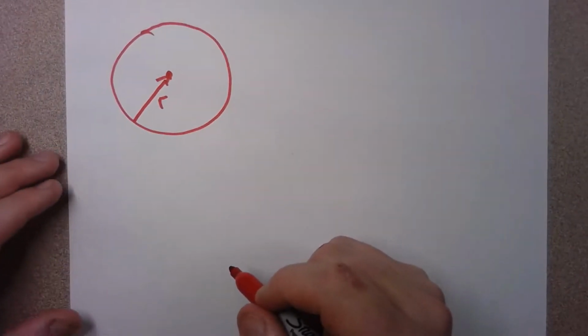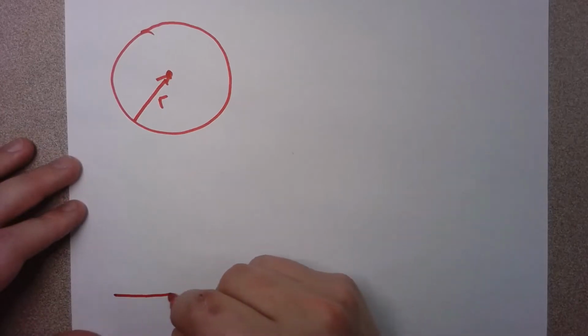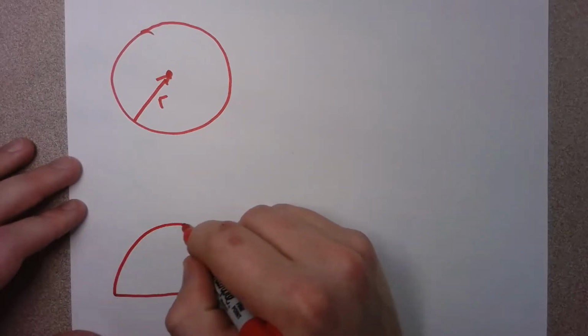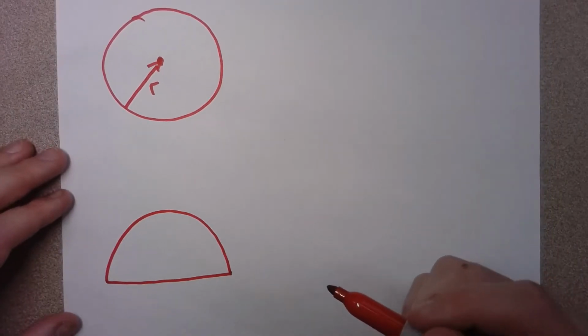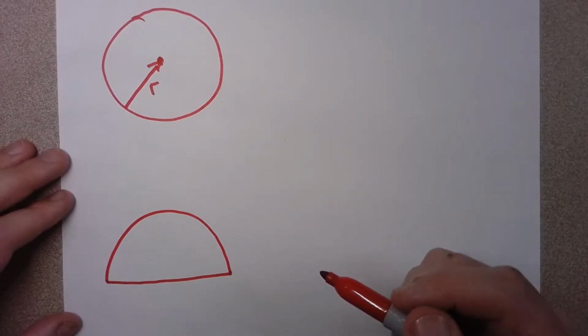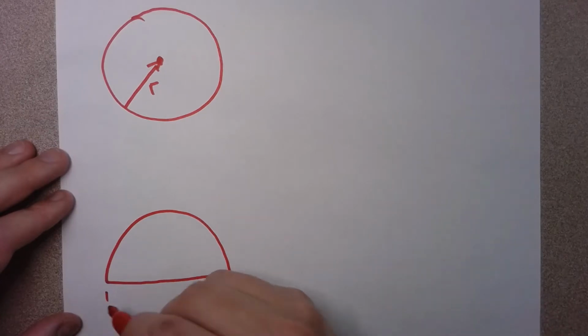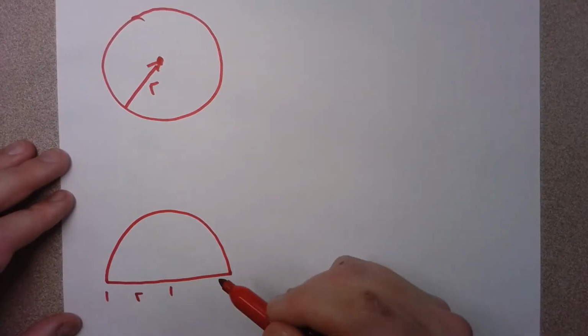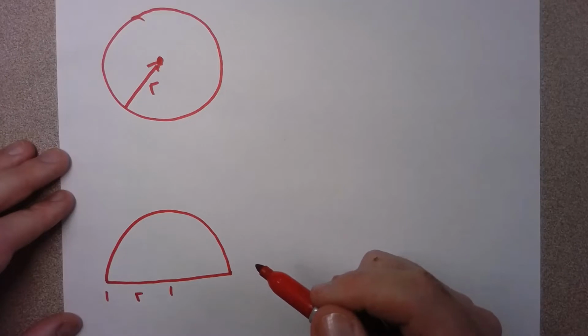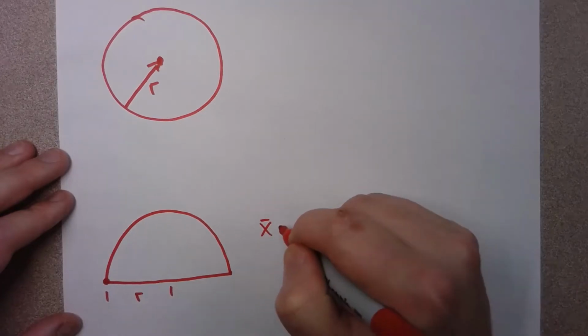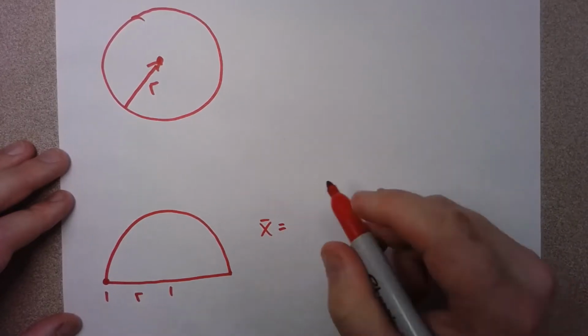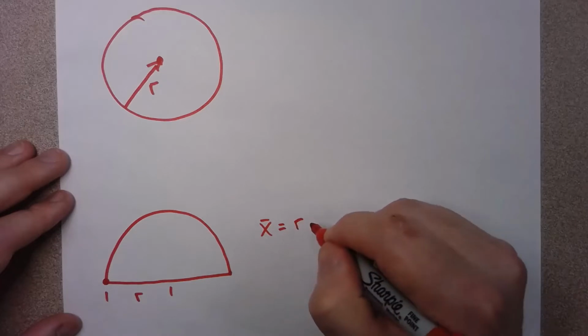What is a little bit more complicated is what we call a semicircle, or a half circle. It still has a radius, so it still has this radius here. So that's your x bar, right? If we have this point, your x bar is just going to be equal to the radius.